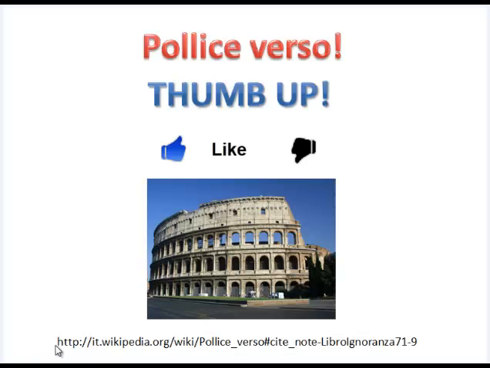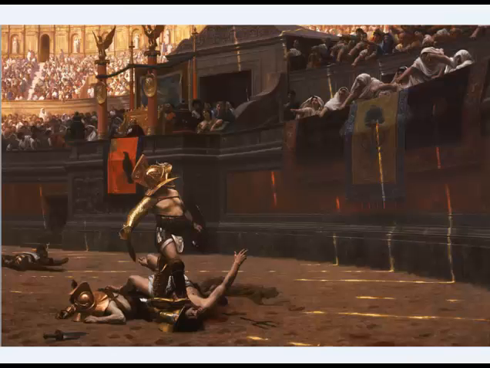I put the link in the first picture here on Wikipedia, for example. There is an article that you can also read if you want, where they explain this fact.